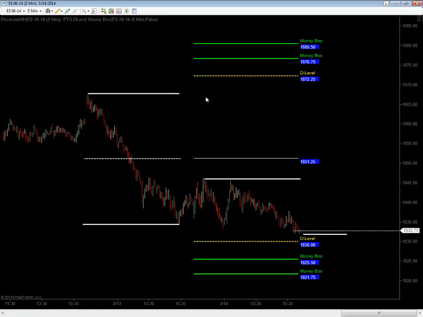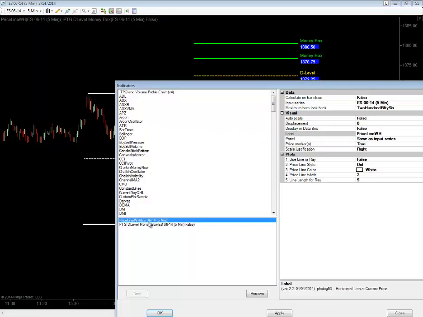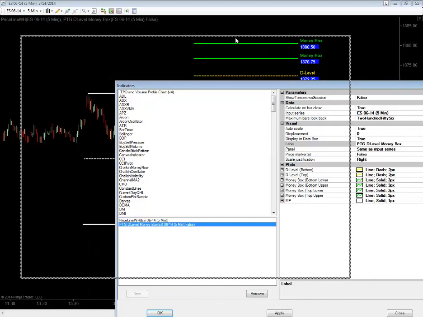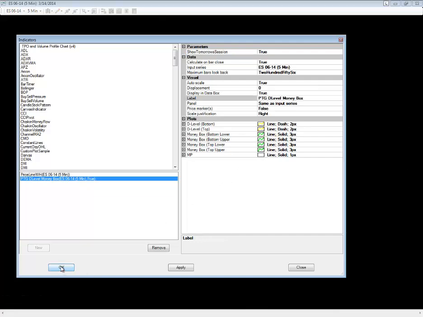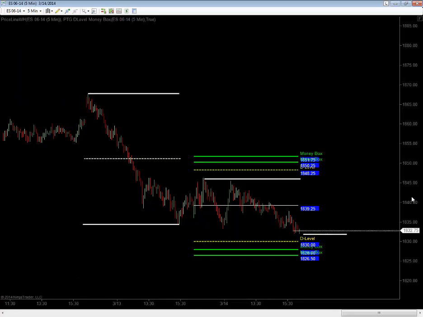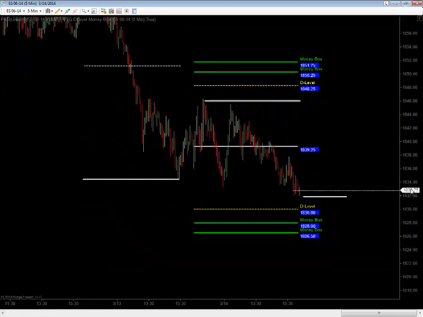If you go into the settings, there's a setting that says show tomorrow's session. Right now it's currently on false. We'll put that on true, and you'll see that the chart automatically adjusts to show tomorrow's session today.